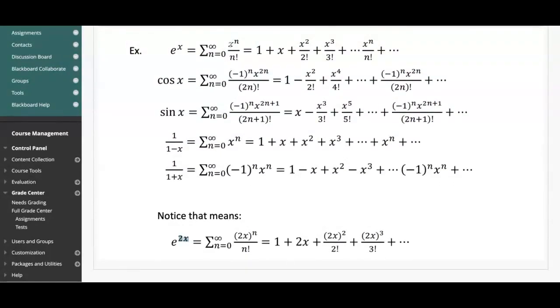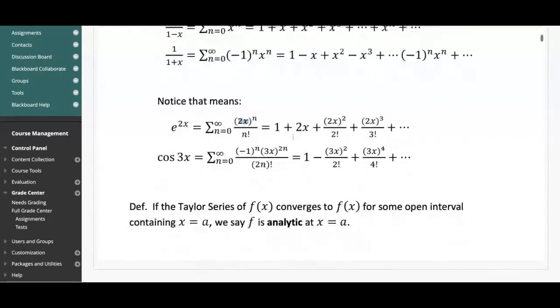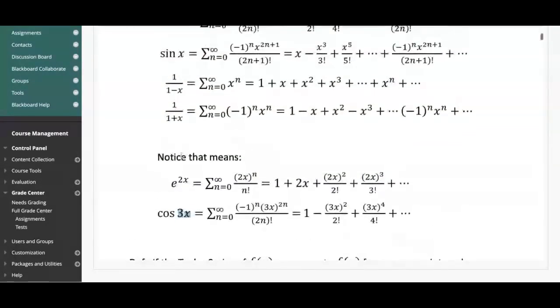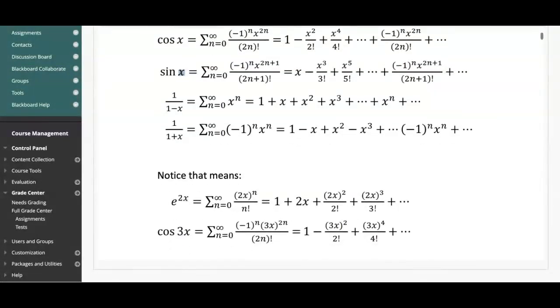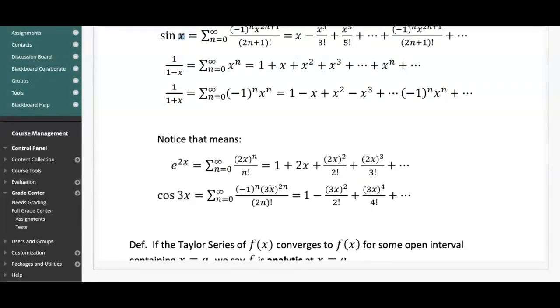We just change this x to be 2x in the formula, so 2x raised to n. And that becomes 1 plus 2x plus (2x) squared over 2 factorial plus (2x) cubed over 3 factorial, and so on and so forth. Cosine 3x. Now in the infinite series, x is now 3x. So we just change the spot of x to be 3x.